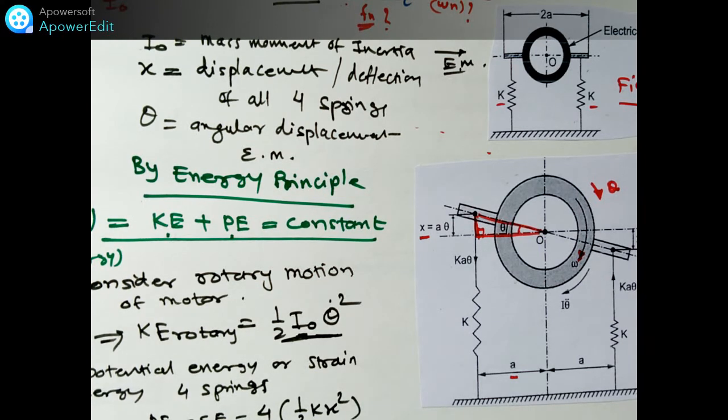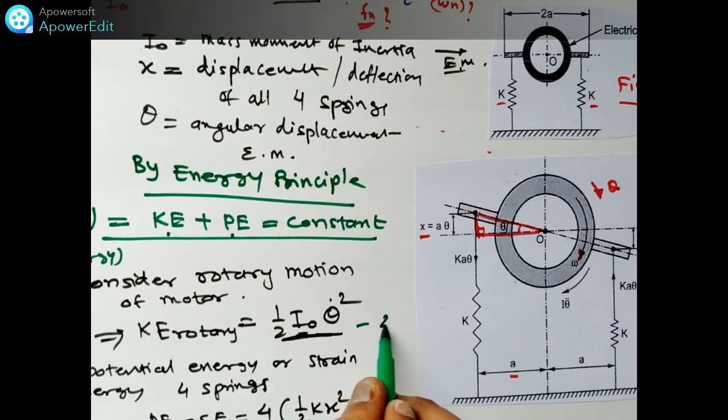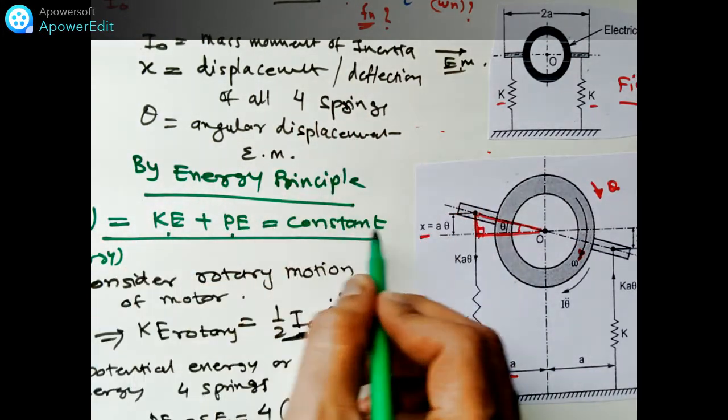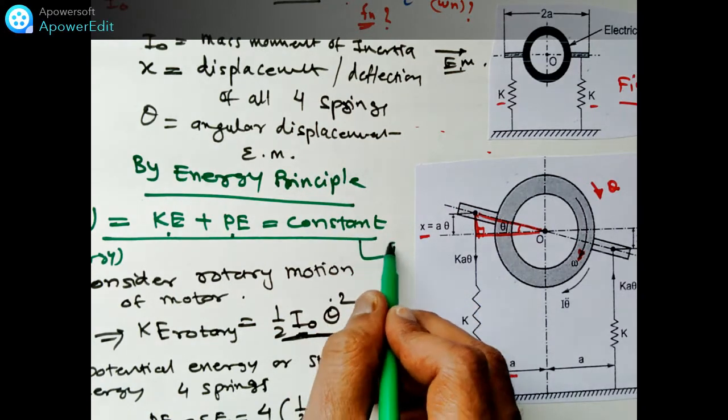So this is your total potential energy, and this is kinetic energy. So U is equal to KE plus PE. This is equation number 3, this is equation number 2, and this is equation number 1.